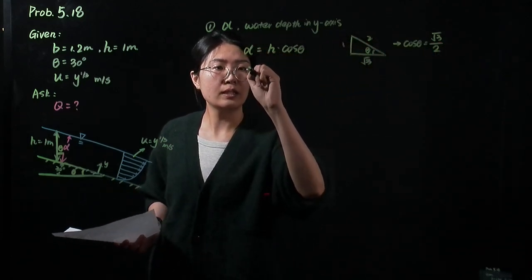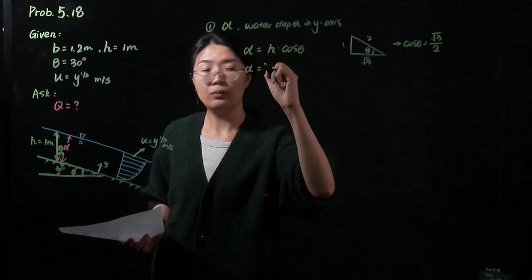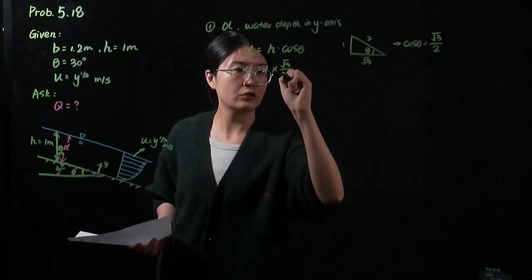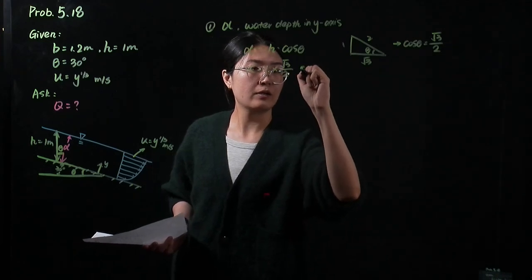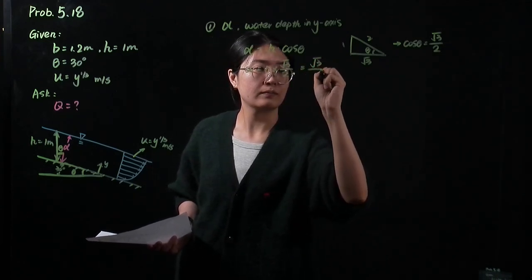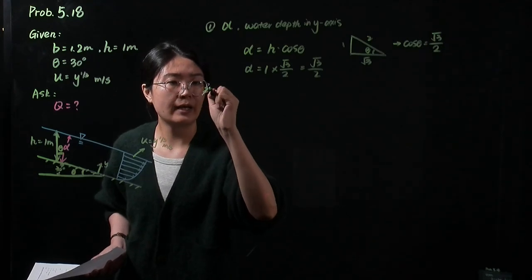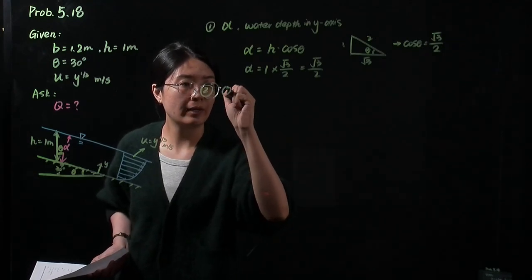So the D should equal 1 times square root of 3 over 2. It equals this. Then in the next step, we can calculate the flow rate.